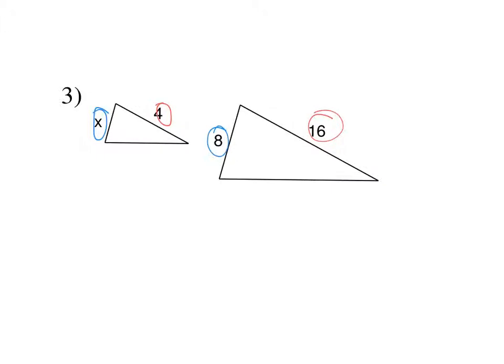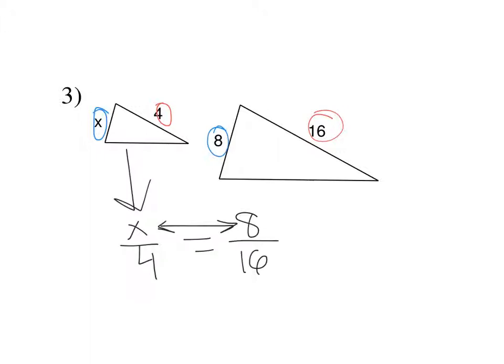So if I write this in a proportion, what I can say is that for this triangle, I can say x over 4 is going to be equal to 8 over 16. That way the corresponding sides are both on the top and the bottom. X corresponds with 8, 4 corresponds with 16.